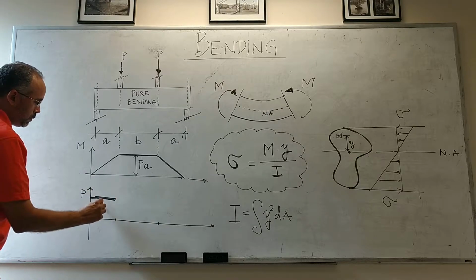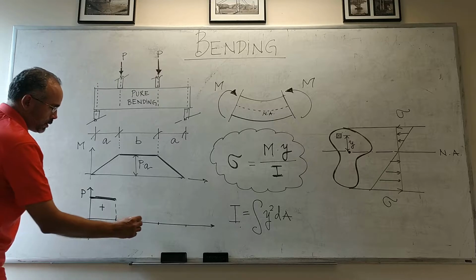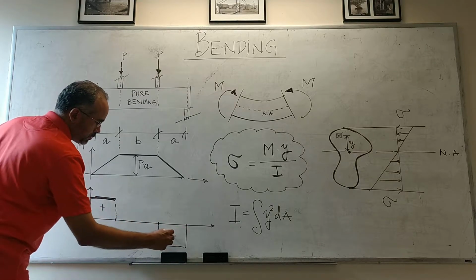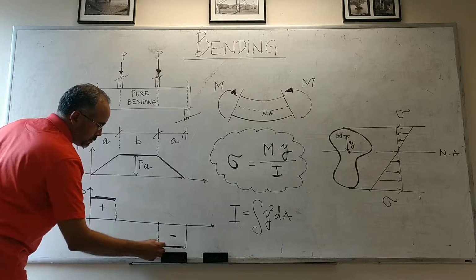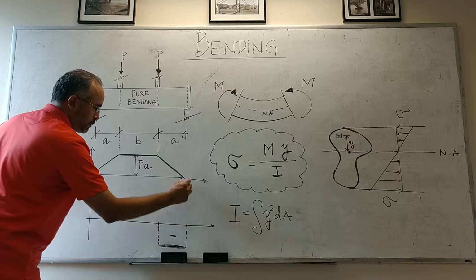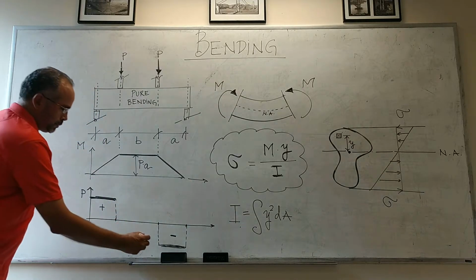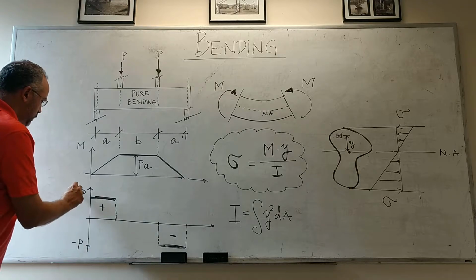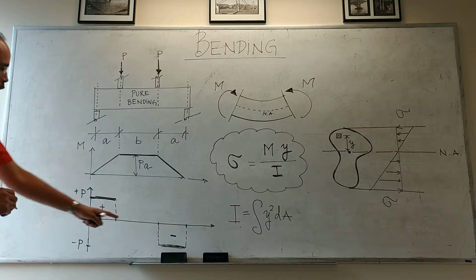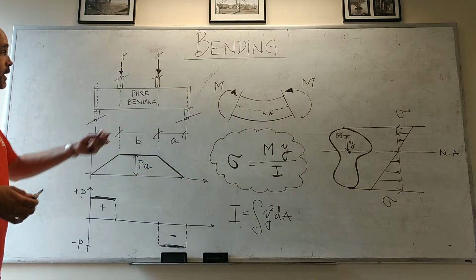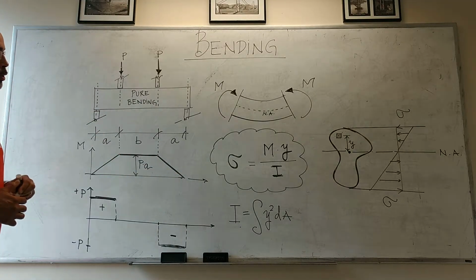P, 0, and then negative P here. No shear and just pure constant bending moment. This is a classic example of pure bending.